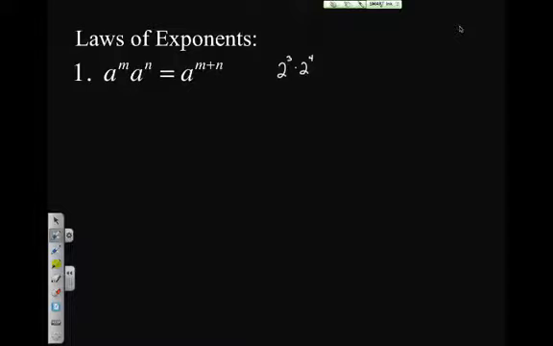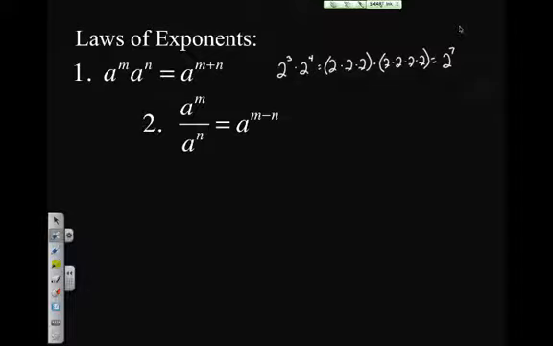Remember what that means. 2 to the 3rd power is 3 2's multiplied together. 2 to the 4th power is 4 2's multiplied together. When we write it out that way, it's very easy to see that there are 7 2's multiplied together, and that's going to be 2 to the 7th power.